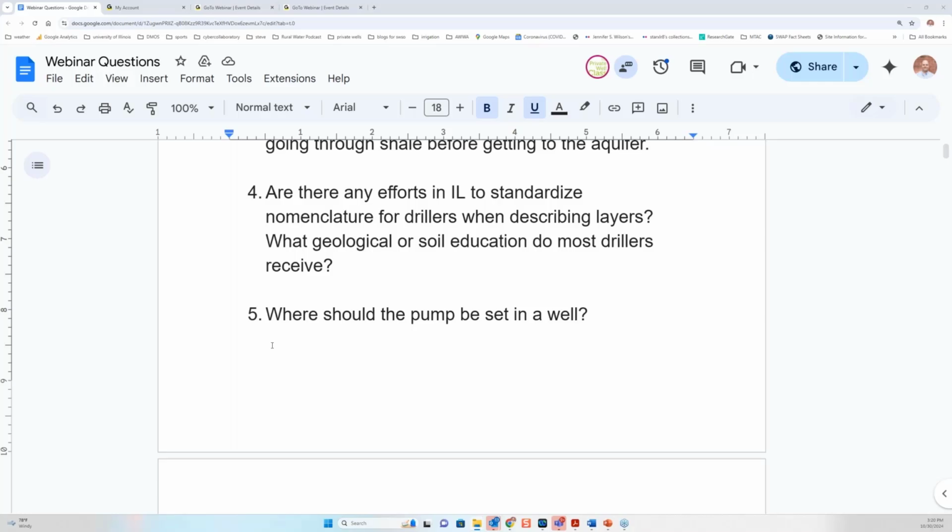And if it's a bedrock well, again, I'm not as familiar with that, but since it's an open hole, you have several different units that might be contributing water, and you'd probably put it in the unit that's the most solid.